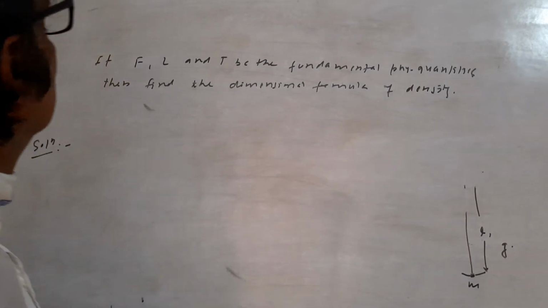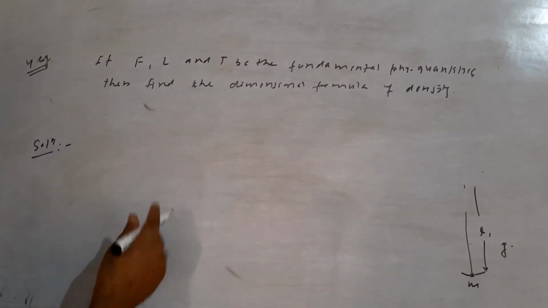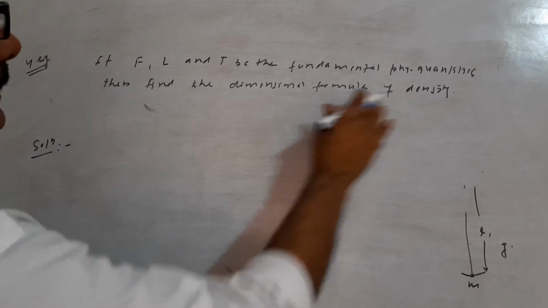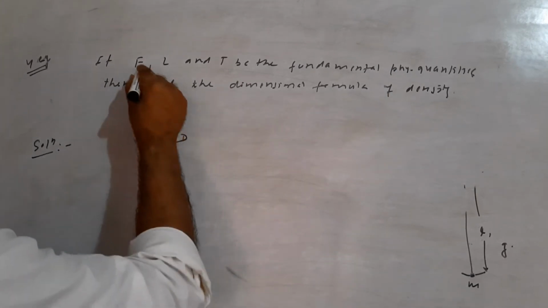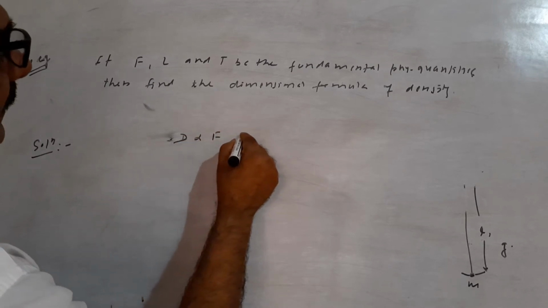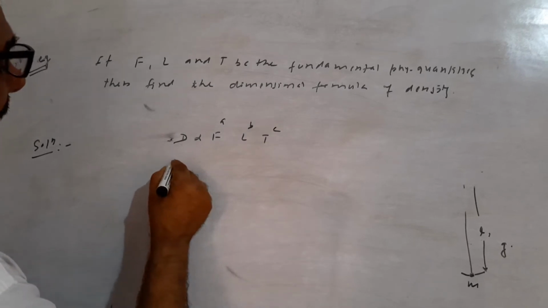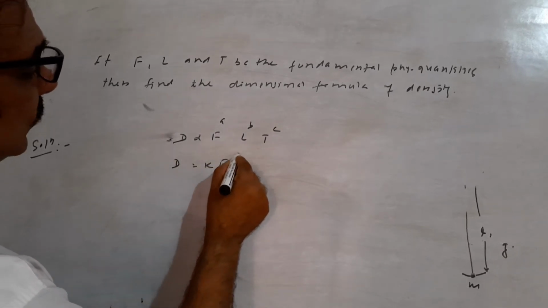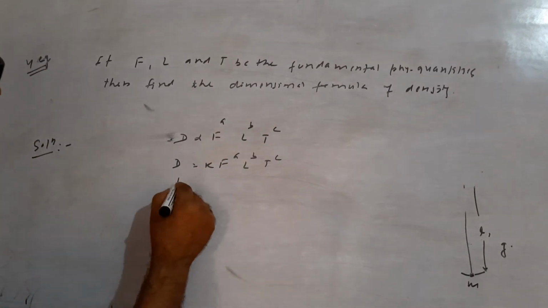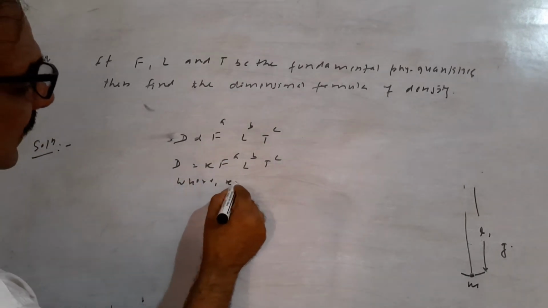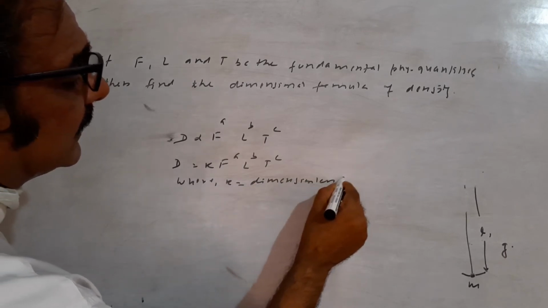Now we find the dimensional formula of the density. The solution is a very simple way. It seems that the density depends on F, L and T with the powers A, B and C. So D equal to K, F to the power A, L to the power B, T to the power C, where K is a dimensionless constant.